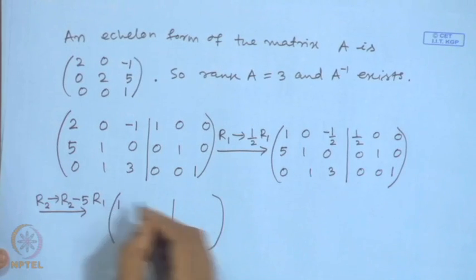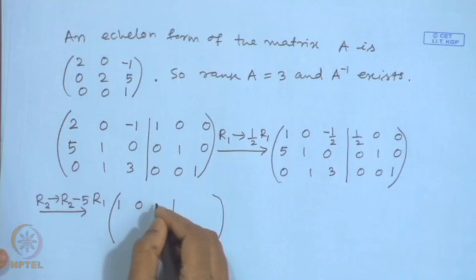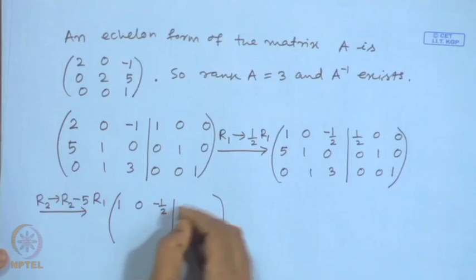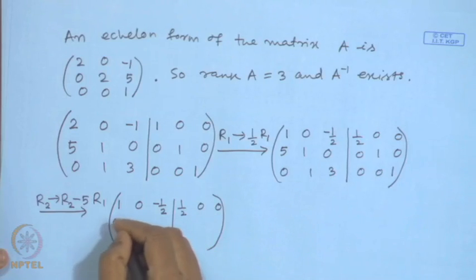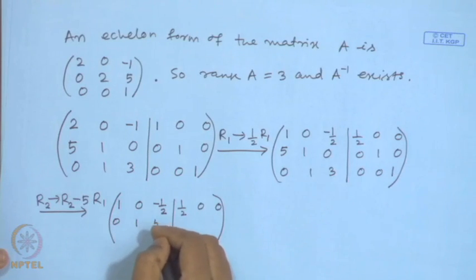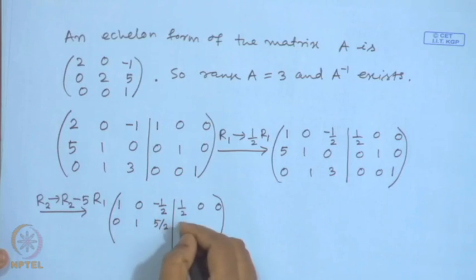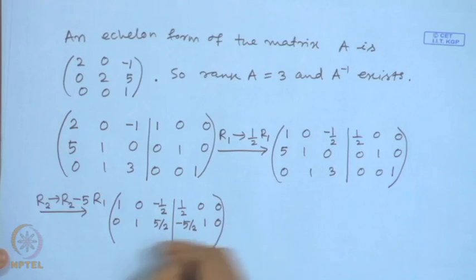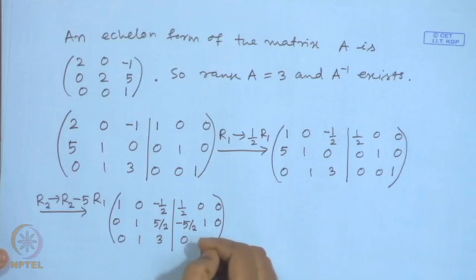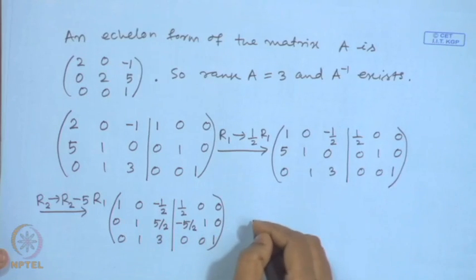So, it is 1 0 minus half 0 0 0, 1 5 by 2 minus 5 by 2 1 0, 0 1 3 0 0 1.